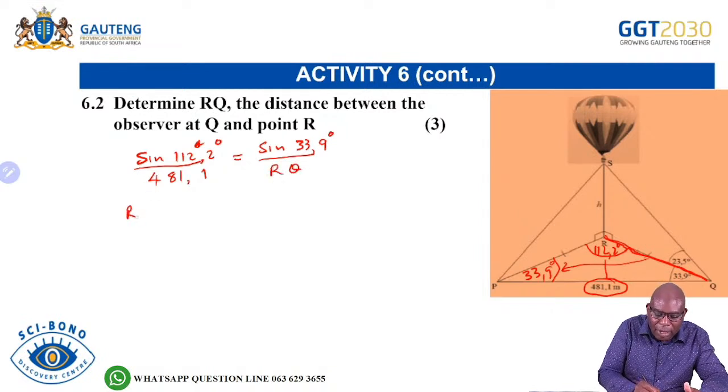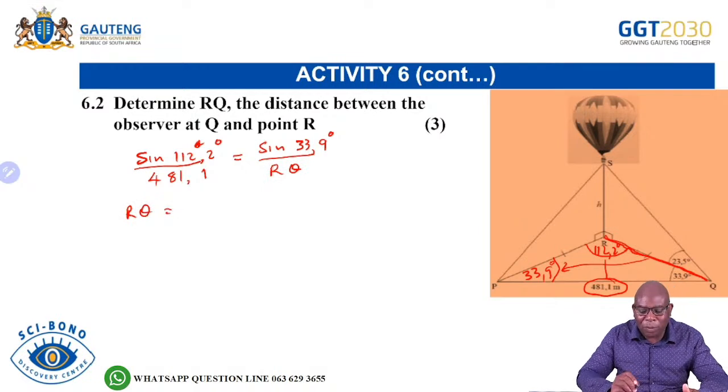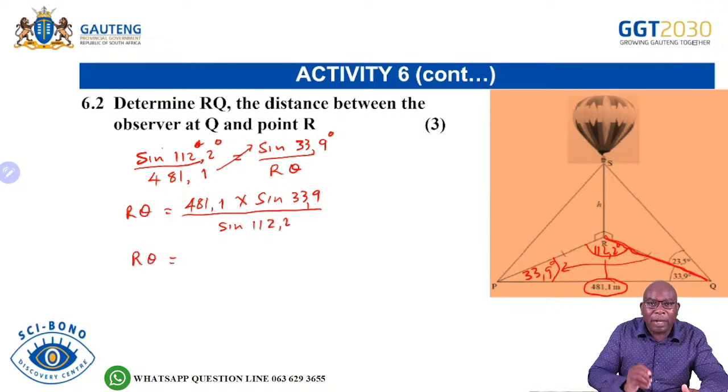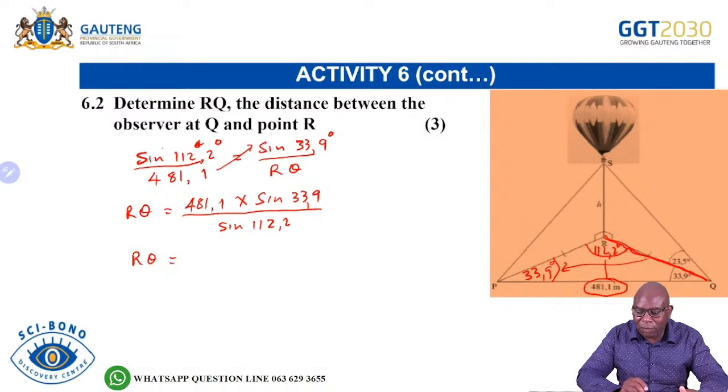So I can then get RQ, it's equals to, I can just manipulate that, and I can multiply this one by that and then divide it by this. So I'm going to say 481.1 multiplied by sine of 33.9, all divided by sine of 112.2. And I quickly use my calculator to get the value of RQ.